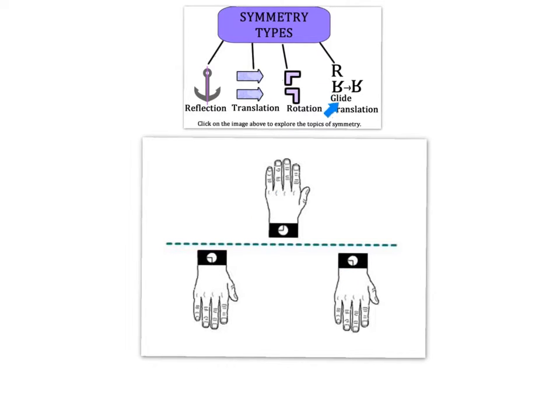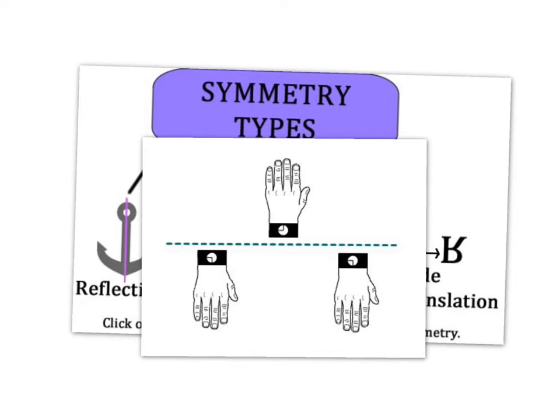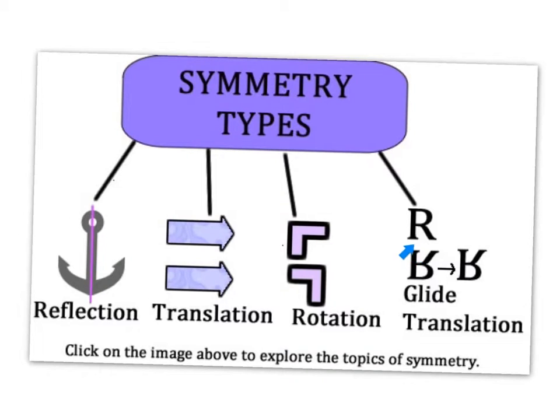So like this one up here, if we zoom back in on the R, we can see that there could be a line of symmetry right here, and it's been reflected, but then it has slid over. So if it has a reflective line of symmetry, but it's been moved, we will call that a glide. Some people call it a glide translation. Some people call it a glide reflection, but it's a mix of reflection and translation.